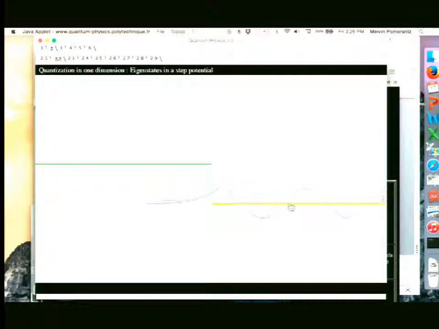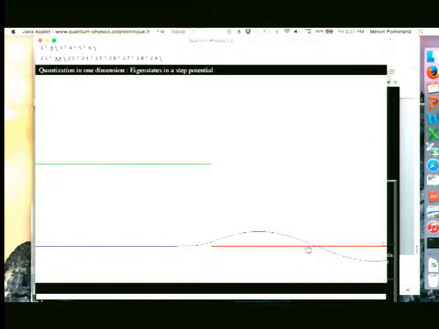If I lower this, you bump into it less often, and the wavelength gets longer as you lower here. Low energy. Okay? Now, as I raise the energy, it does what I did before on the right side of the picture.